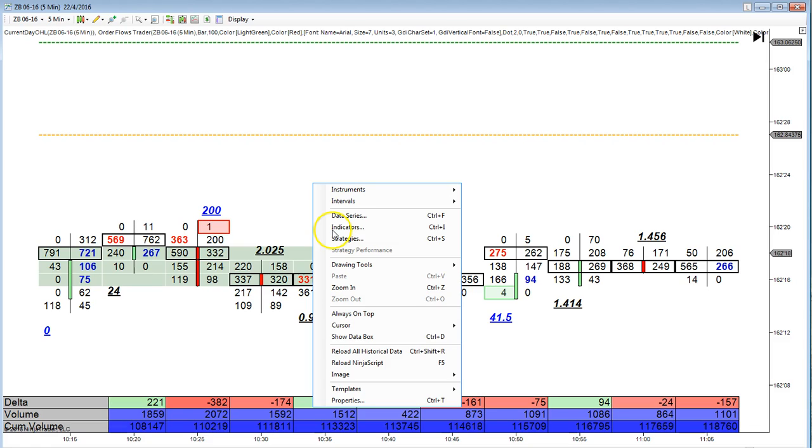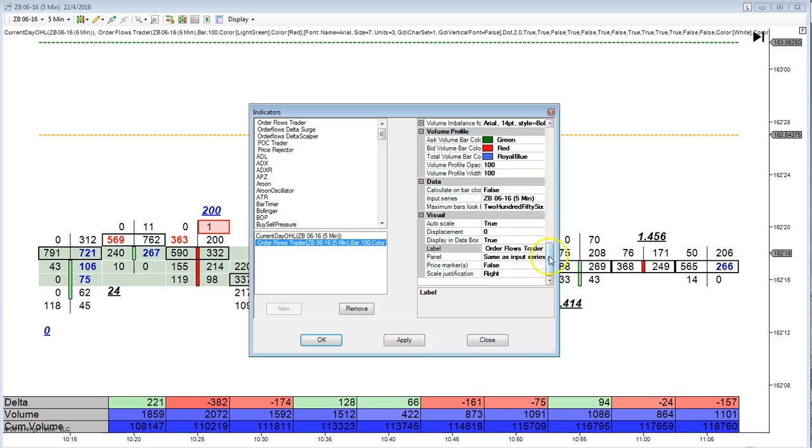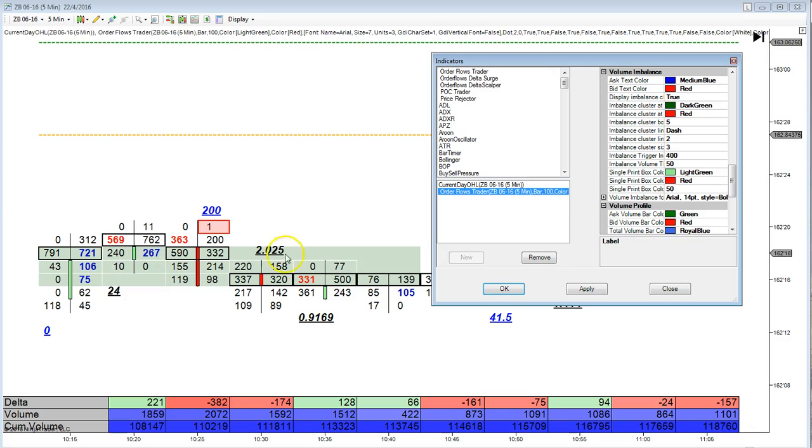It's not going to open up for me, but okay, hang on here. It's a little bit slow today. If you go under the indicator setting, you can go in here, imbalance cluster box size. It's set at 5. So it'll draw it out the next 5 price bars, 1, 2, 3, 4, 5.